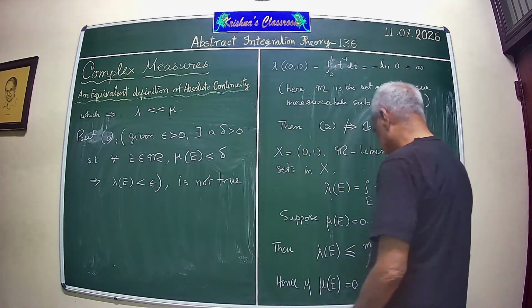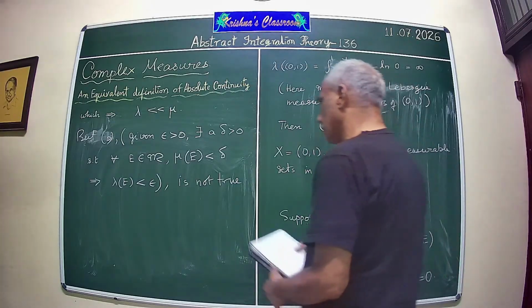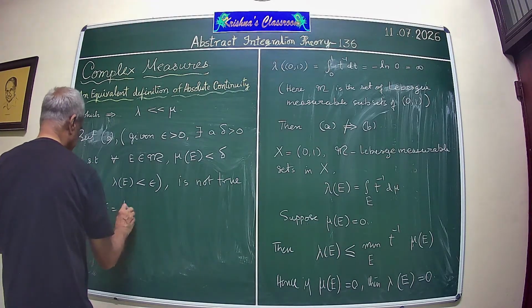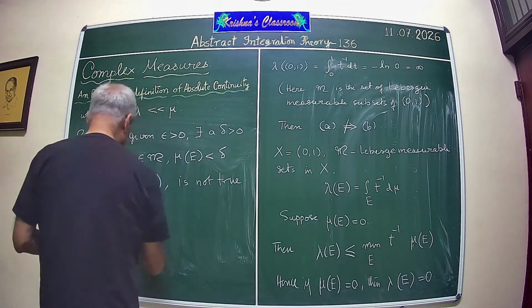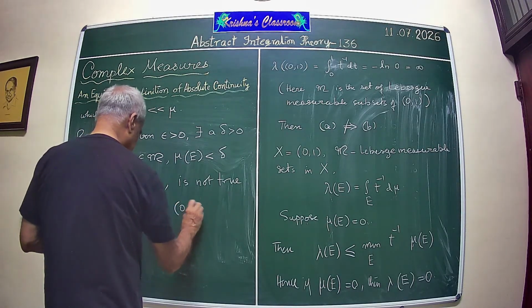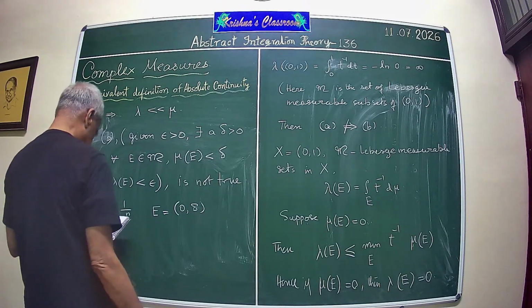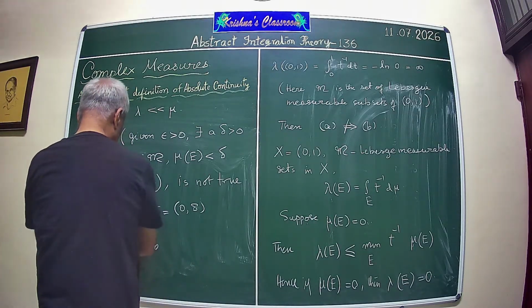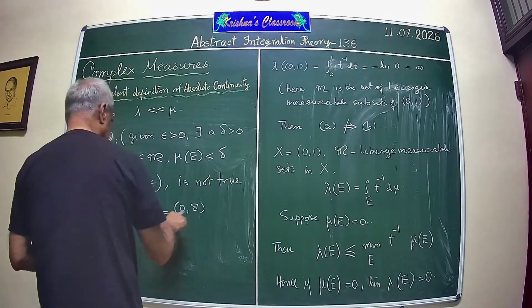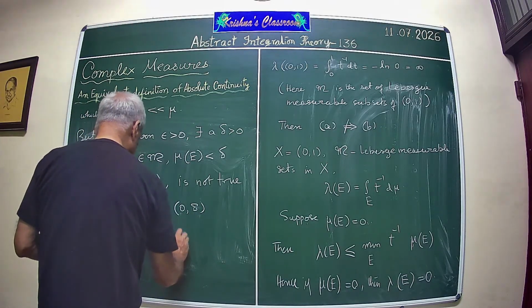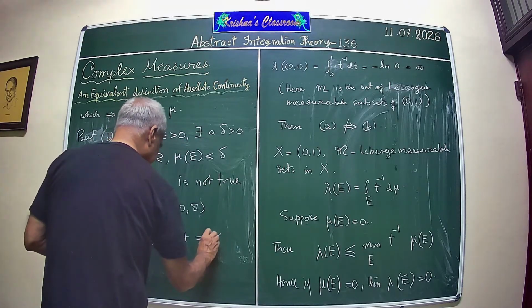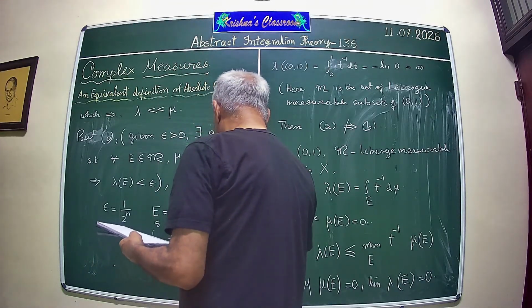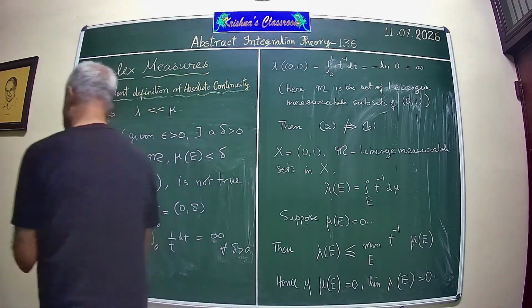So we have obtained that if mu of E is equal to 0, then lambda of E is equal to 0. But that does not mean this. For example, you take epsilon to be equal to 1 by 2 to the power, E to be equal to (0, delta), on the interval 0 to delta. That's just a simple computation.